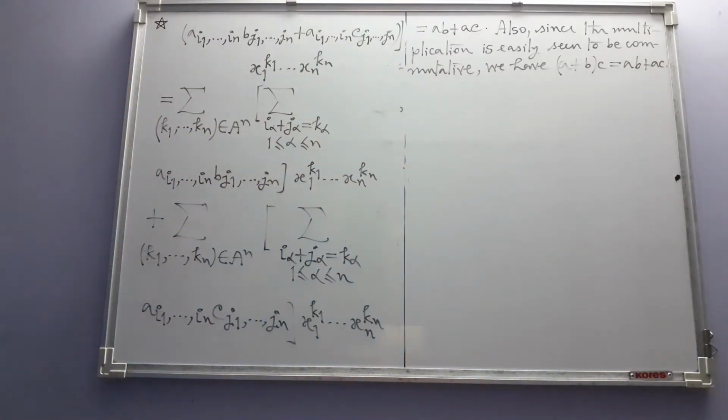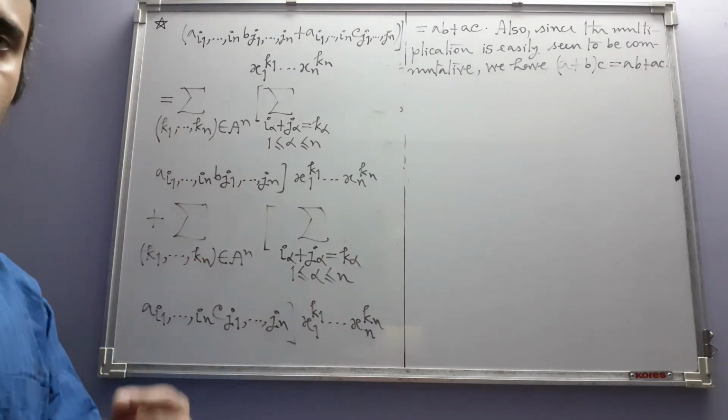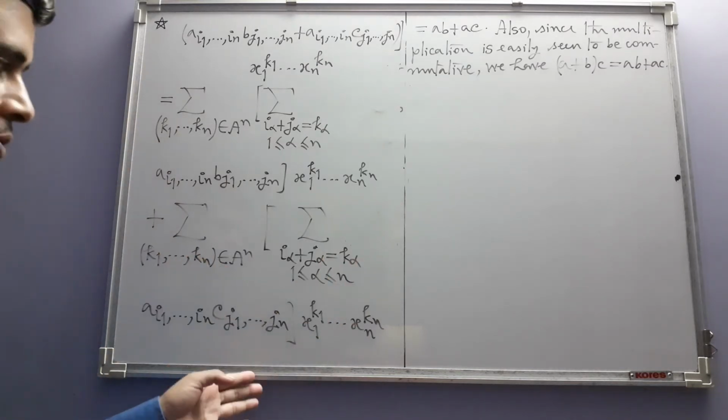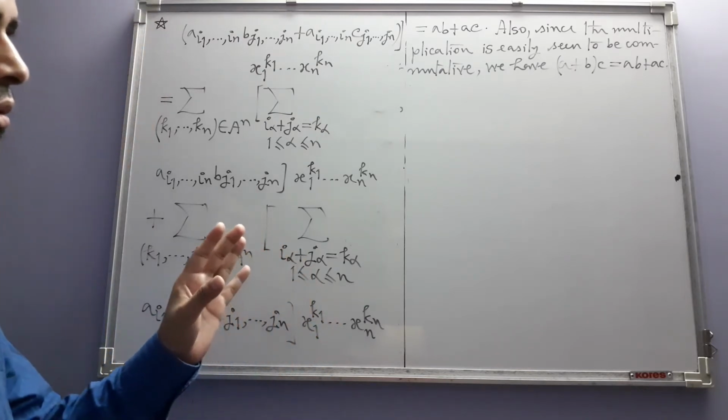So we have in fact proved that the set of formal symbols that we have defined, along with the addition and multiplication that we defined, is a commutative ring.